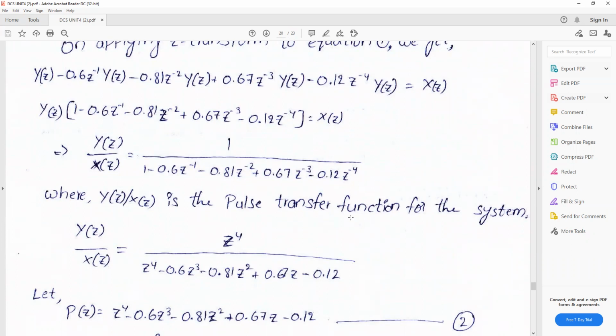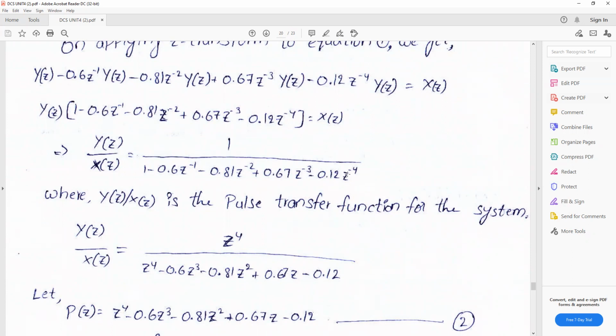So when we have an equation with z power minus 1, minus 2, minus 3, we have to see what the highest power is. What is the highest power? Z power minus 4. So we take z power 4 from the numerator. Okay, so we have to divide by z power 4.